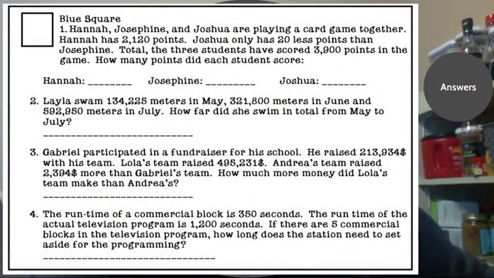I'm just going to call her Joe. And then Josephine, or Joe, on our board, we don't know, so I'm going to put a little question mark. But total, they all have, how much? They all have 3,900 points.